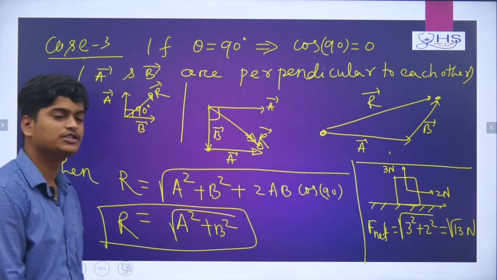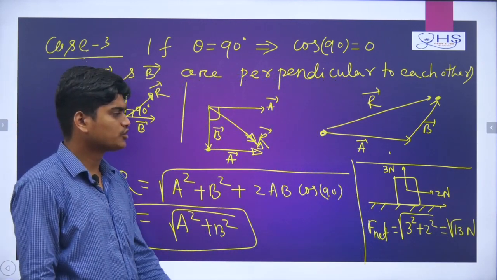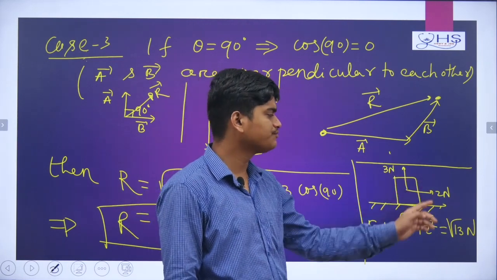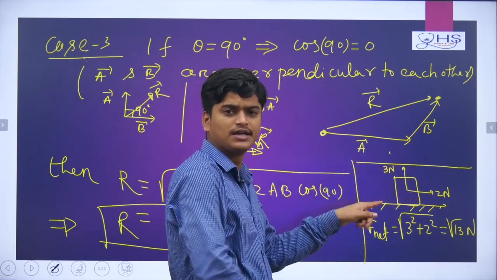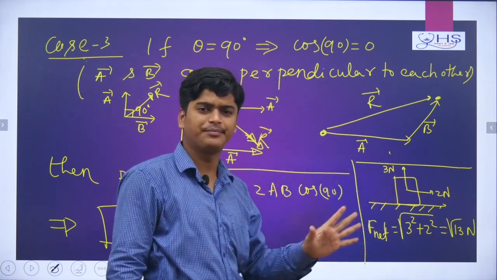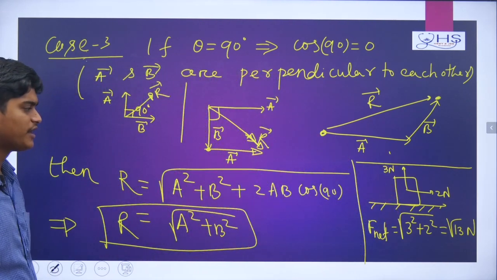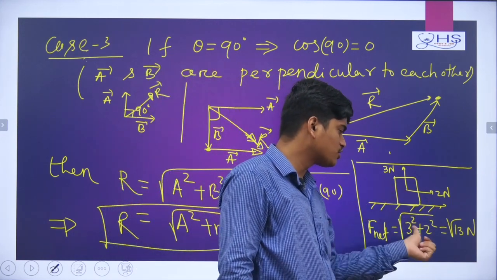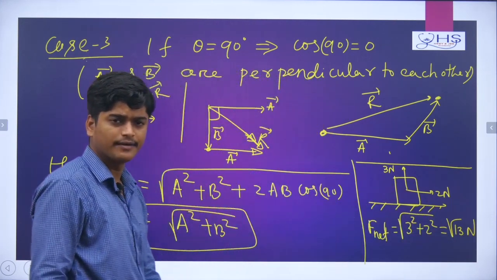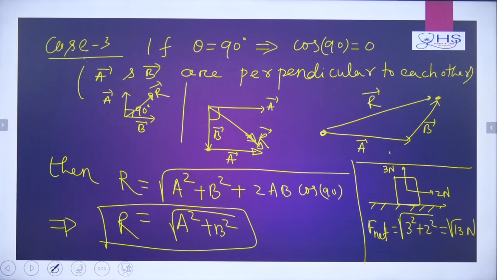In this case the directions are perpendicular. If the same forces, 3 Newton and 2 Newton, act in the same direction, the resultant on this particle will be 5 Newton. But here they are perpendicular to each other, that's why root 13 comes. So I hope you understand.